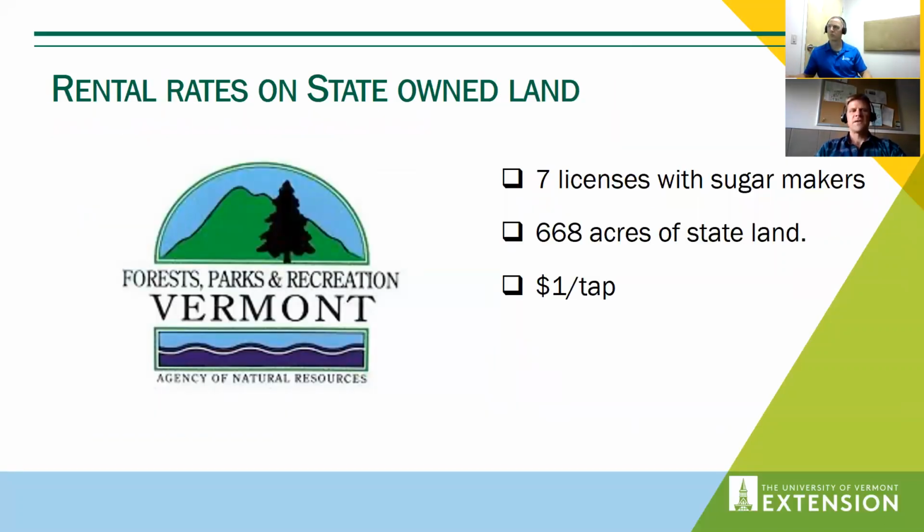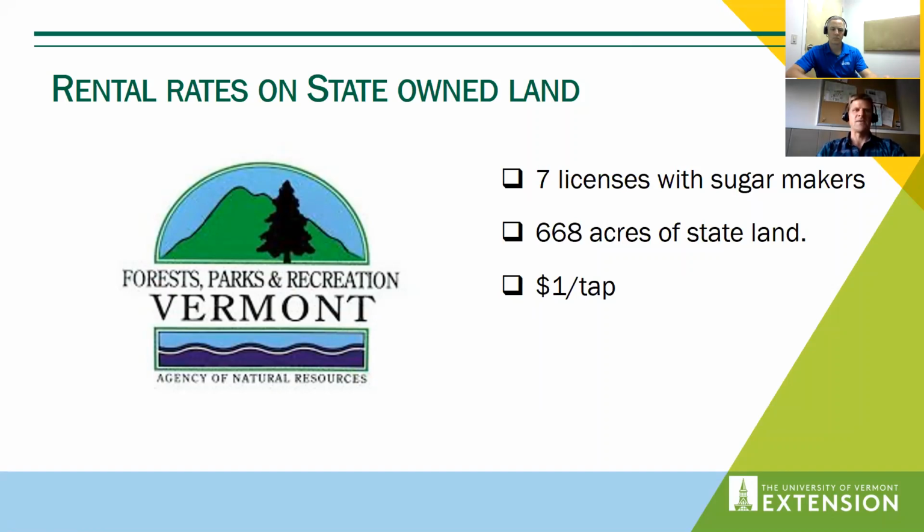So another thing to think about is public land, and tapping on public land is pretty uncommon in the U.S. in general. I have some data for Vermont that I can share. On state-owned land, there are only 7 licenses currently being held, through the Department of Forests, Parks, and Recreation. That's a total of 668 acres of land, and the price is set by a committee.